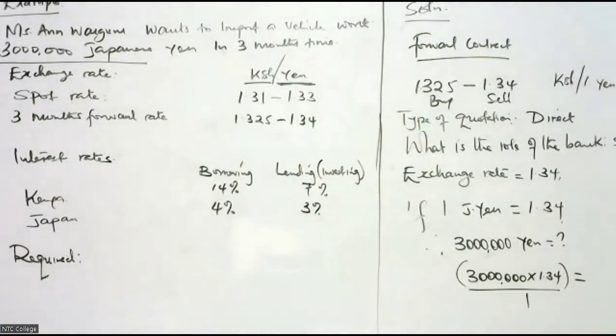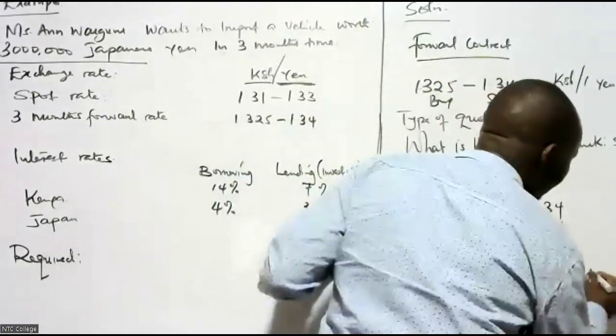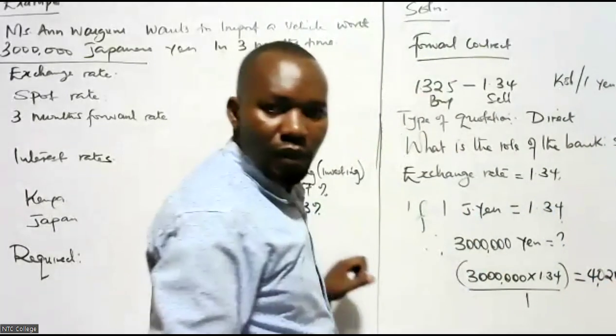That one we have used the forward pricing rate. So we are going to spend 4,020,000.